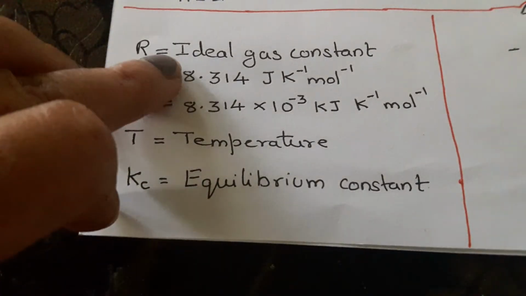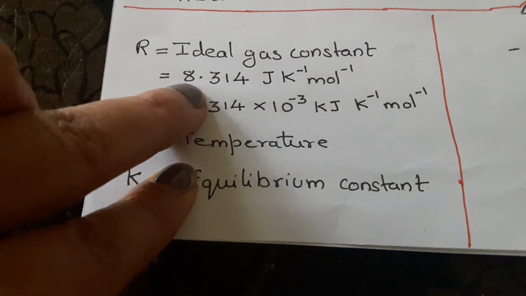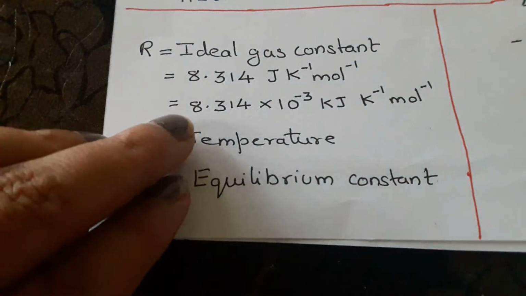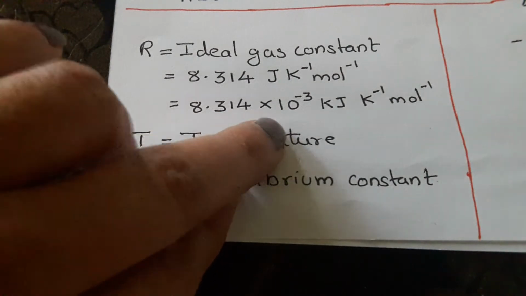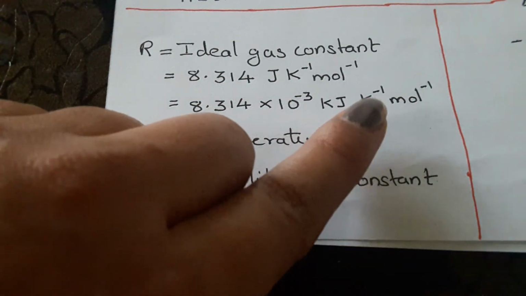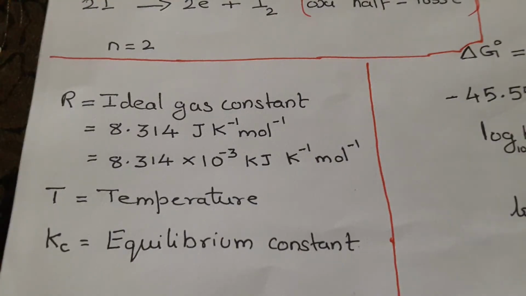The value of the ideal gas constant in this reaction, we have to take it as 8.314 joules per Kelvin per mole, and if we convert it into kilojoules, it becomes 8.314 into 10 raised to minus 3 kilojoules per Kelvin per mole. The value of R, it's better that we remember it.